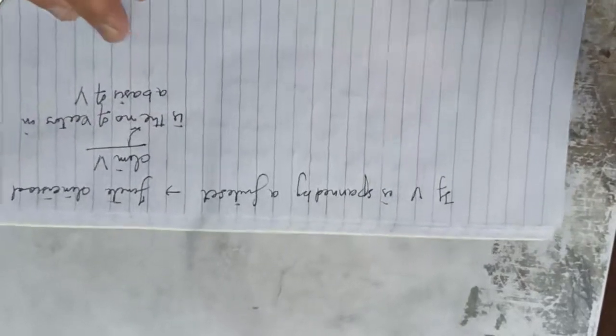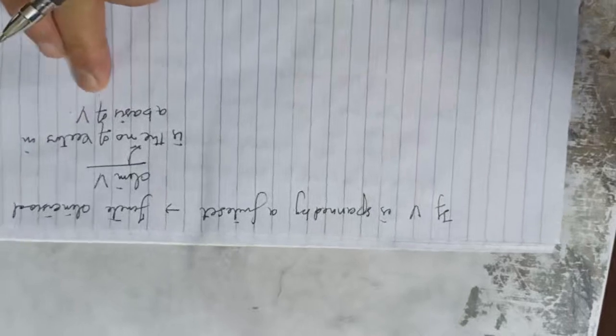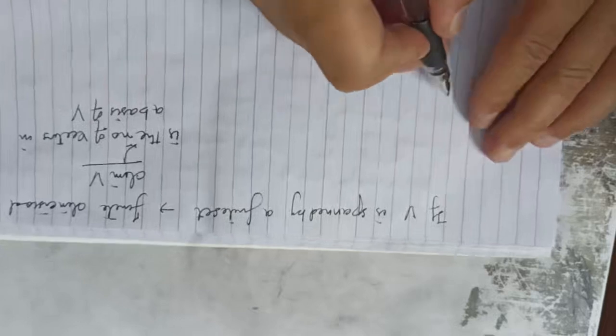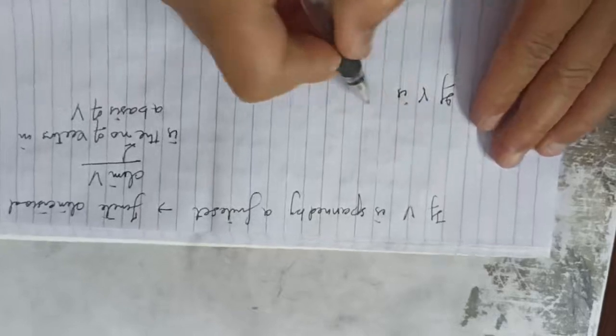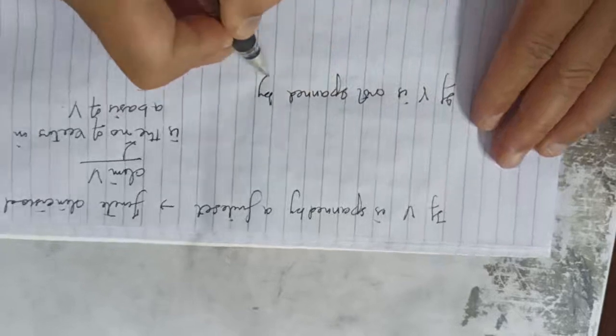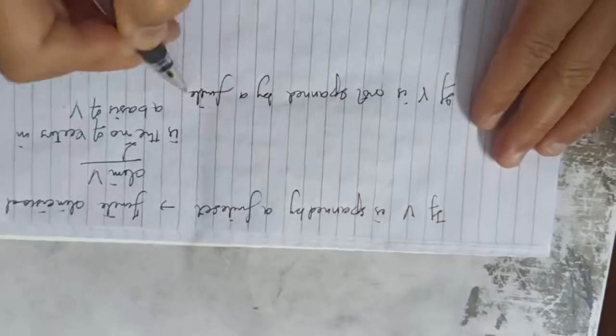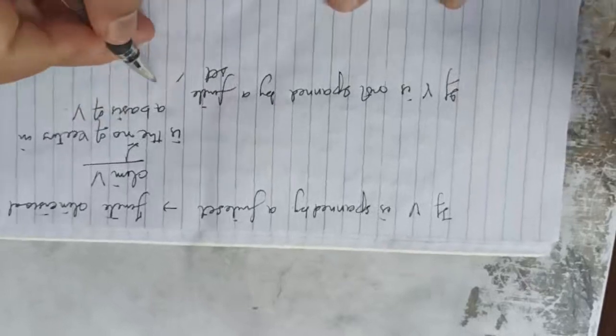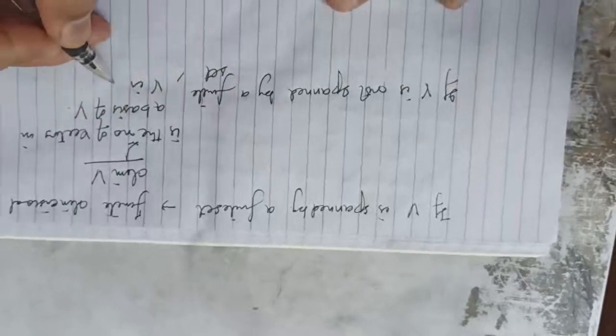Now, there might be a situation where V is not spanned by a finite set. In this case, V is said to be infinite dimensional.